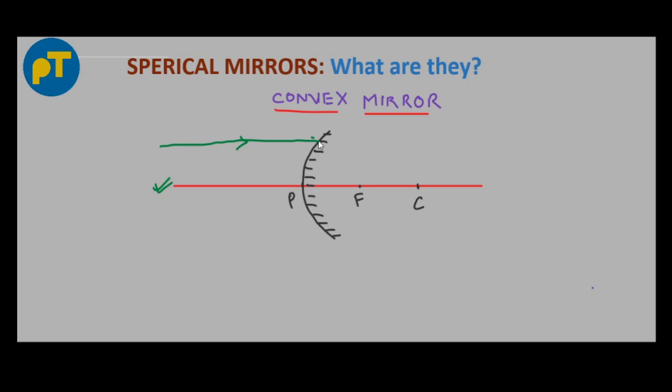Then it reflects back as though it is coming from the principal focus. These are the two spherical mirrors that we have to understand.